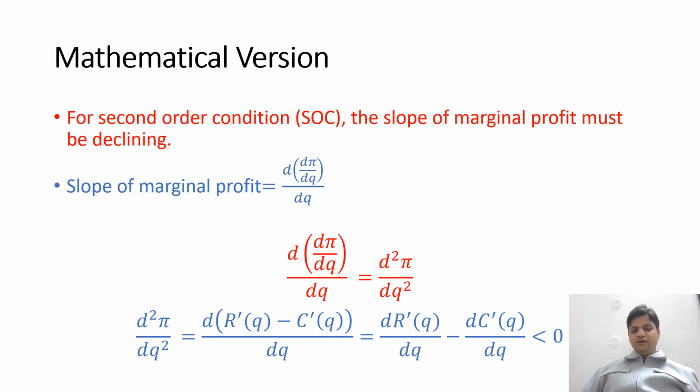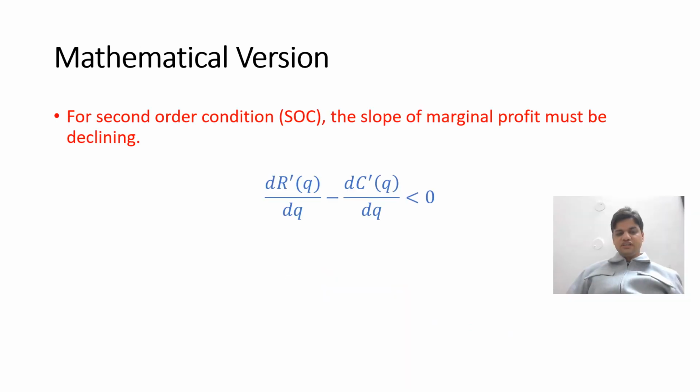So we get d of r dash q by dq minus d of c dash q by dq, which must be less than 0. So further, if we see this, then we can see that the slope of marginal revenue must be less than the slope of marginal cost.